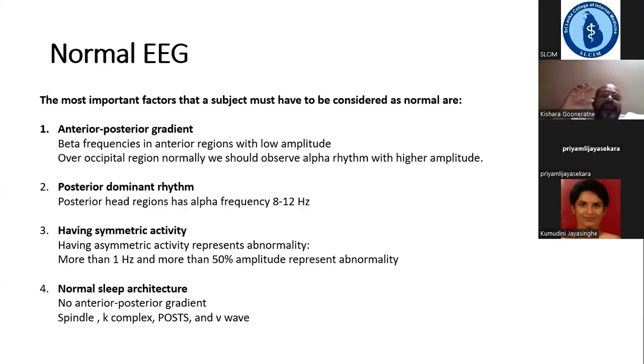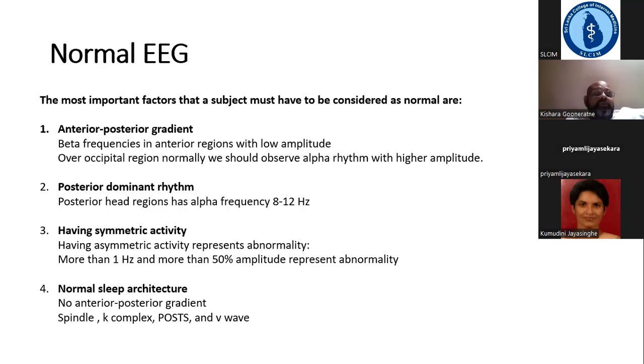So the main alpha activity is mainly observed in the posterior leads, or the occipital leads, in a normal EEG. When an EEG is reported, we generally look for this posterior dominant rhythm where there is an anterior to posterior gradient.